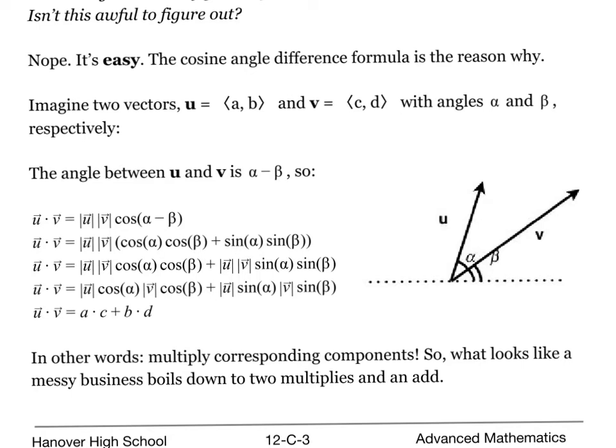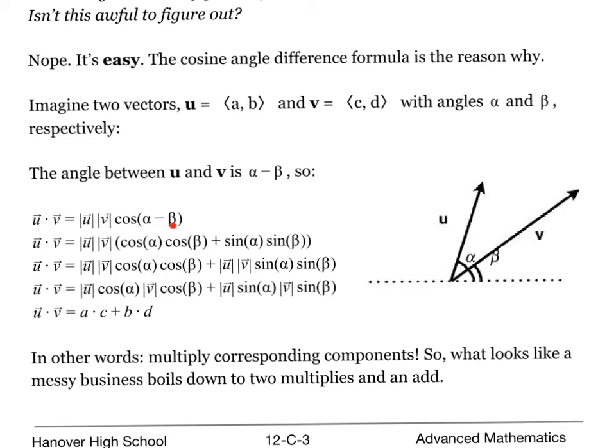So what I've got here is a picture showing vector u and vector v, and each of them has its own angle when measured with respect to the x-axis, right? And so the angle between these two vectors would be the angle alpha minus beta. And so the dot product of u and v is again the magnitude of u times v times the cosine of alpha minus beta. That would give you that angle between the two vectors.